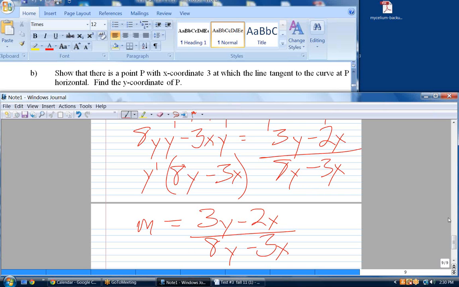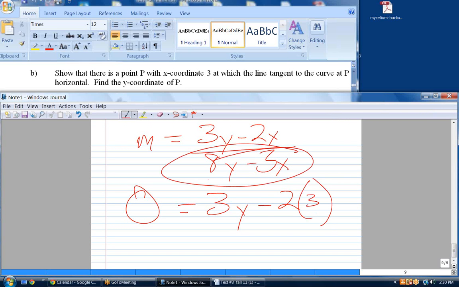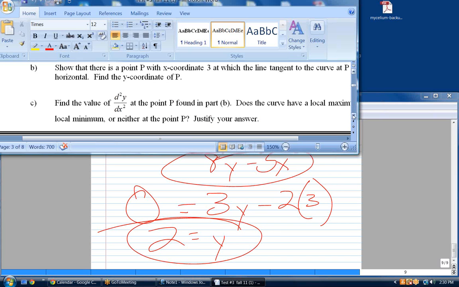So if I set m equal to 0 and solve this, substituting 3 for x, I will get that point. I don't really care about the denominator, because the only way the slope can be 0 is if the numerator is equal to 0. So y equals 2. Well, that's awfully easy.